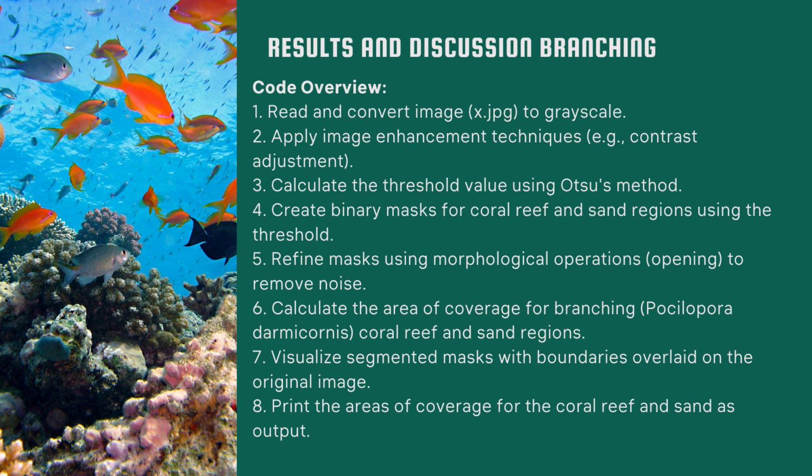The fifth one is to refine the mask using a morphological operation, which is opening, to remove noise. The sixth one, calculate the area of coverage for branching coral reef named Pocillopora damicornis and sand regions. And the seventh one is to visualize the segmented mask with boundaries overlaid on the original image. And the last one is to print the images of the coral reef and the sand as output.